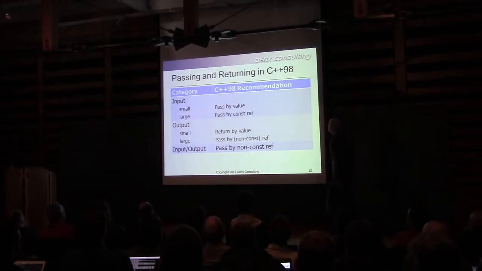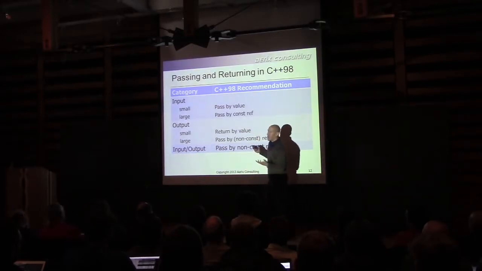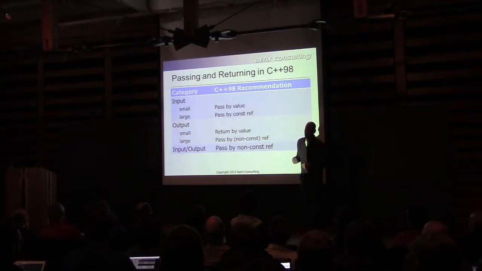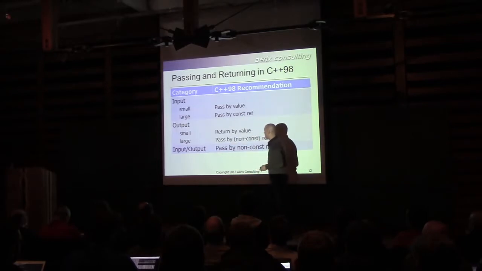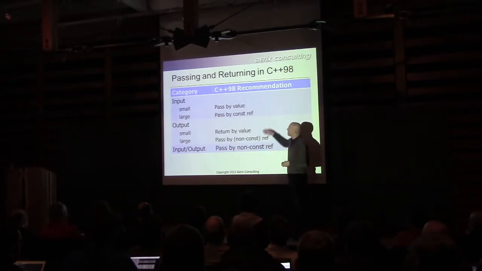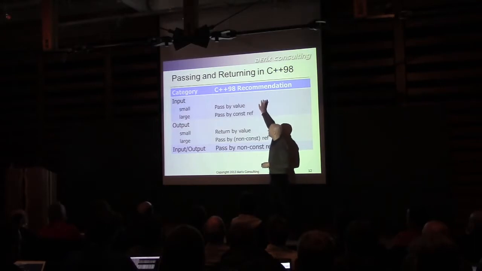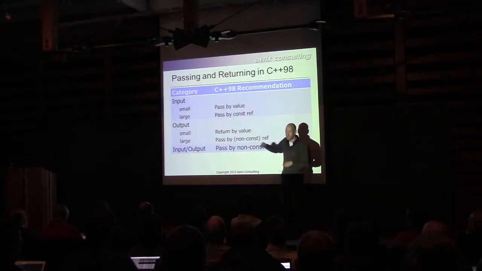This is a chart that I came up with to describe how you might want to do parameter passing and function return in C++98. You've got input parameters, output parameters, and in-out parameters. If the input parameter is small, you'd probably pass it by value, and if it's large, you'd pass it by constref. If it's an output parameter, you'd return it by value.